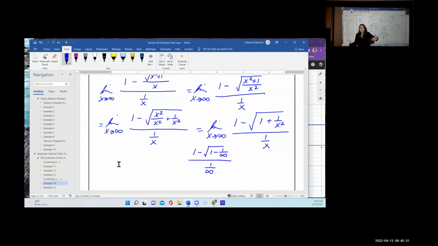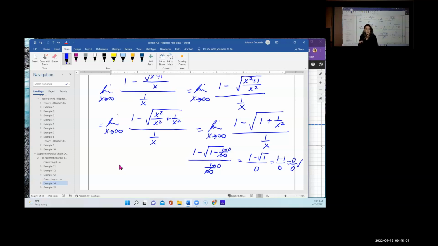It doesn't ever get to 0 because infinity is not a number. I can't plug in infinity, but I can think about what it approaches. So this is going to go to 0, and this is going to go to 0. So I get 1 minus the square root of 1 over 0, which is 1 minus 1 over 0, which is 0 over 0. That's one of my 2 basic indeterminate forms.